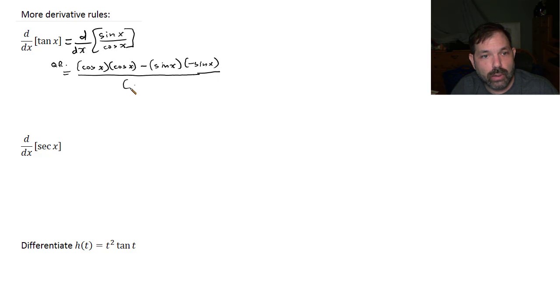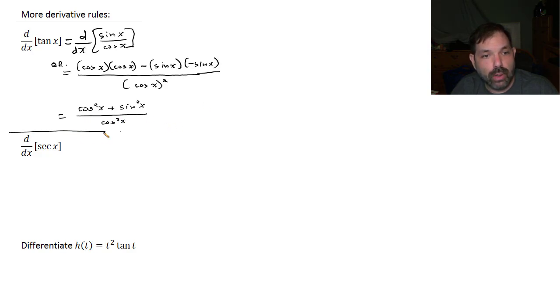Over the bottom squared, cosine squared x. All right, so that gives us then cosine squared x plus sine squared x, divided by cosine squared x.